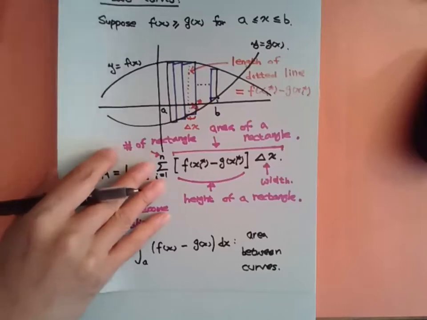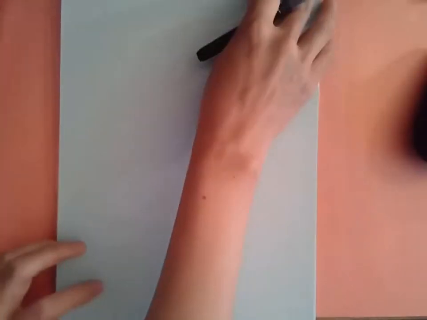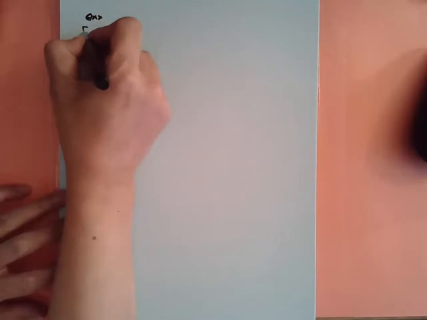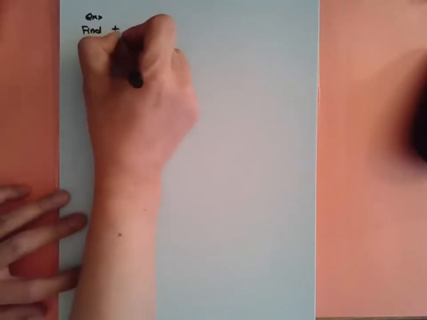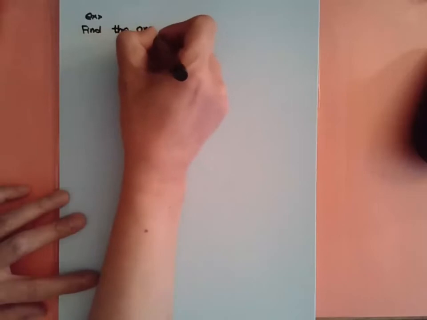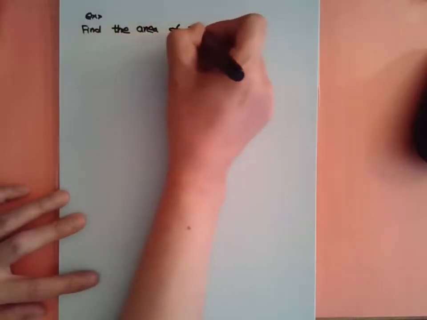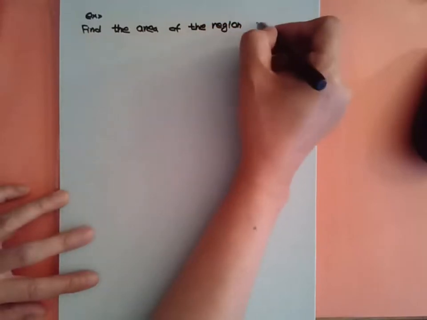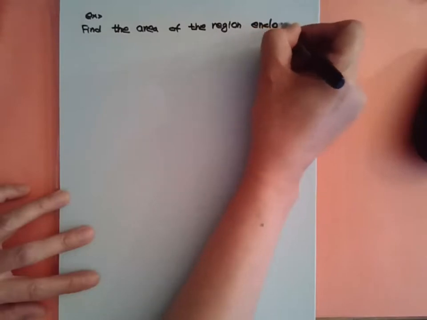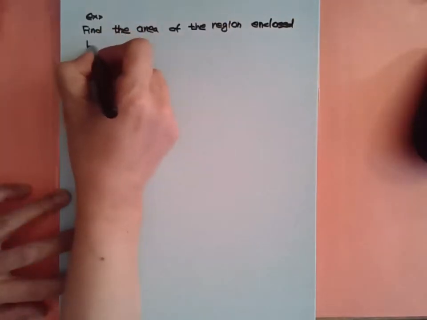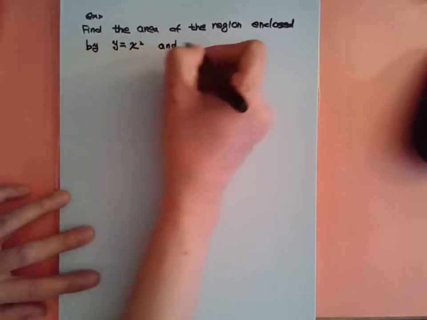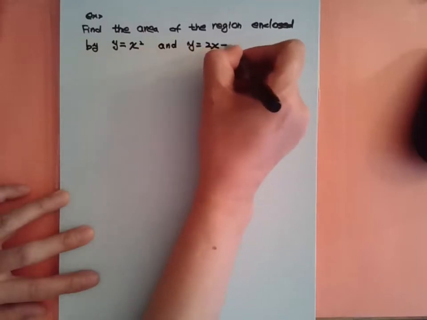Let's do some examples. Find the area of the region enclosed by y equals x squared and y equals 2x minus x squared.